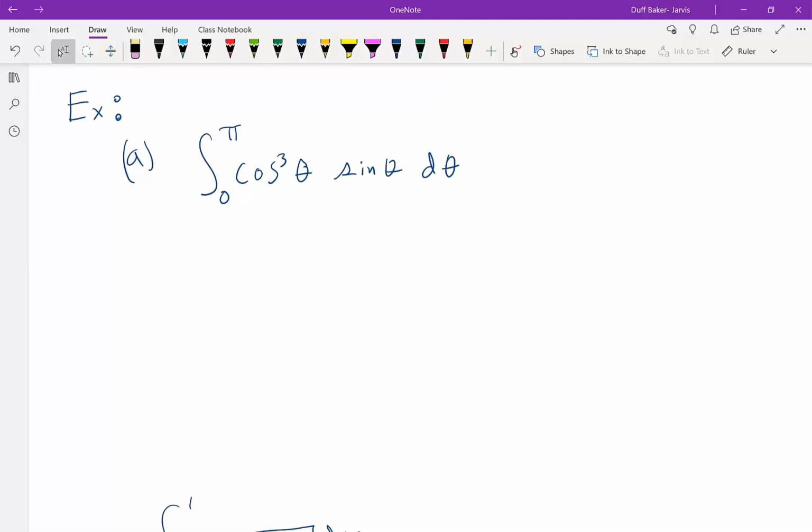So I'm trying to find a function g, and typically g is something that lives inside of another function, because it's sort of undoing the chain rule. And then I also want to see that thing times its derivative, times d theta. So there's kind of two obvious options here: you could choose u to be sine or to be cosine.